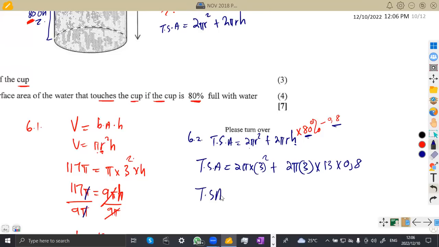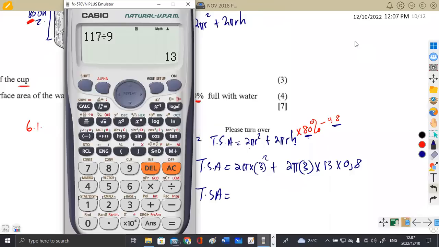So take note, when you are given that percentage, it affects the height. It is full of water, so it affects the height. In this case, we can just use our calculator at once to determine everything. So we can have 2 pi times 3 squared, all in a bracket, plus in another one, we have 2 pi times 3 times 13 times 0.8 or 80 over 100, still one and the same thing.